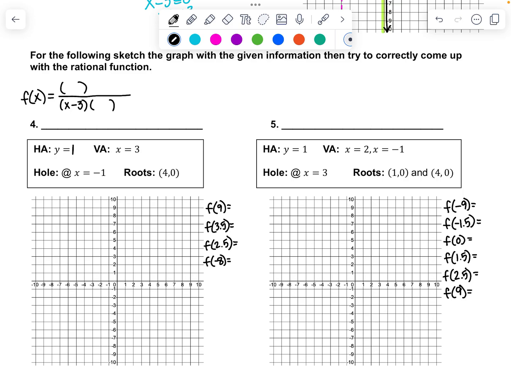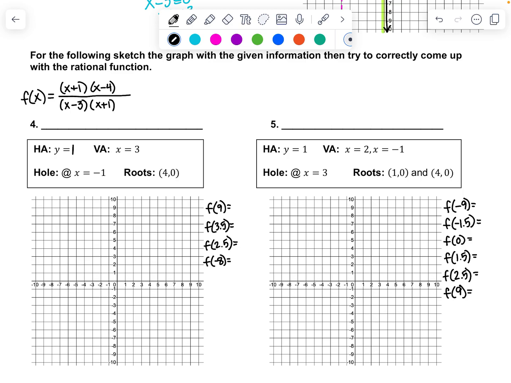So if I have a hole at -1, that means I had x plus 1. So we're working backwards here. The roots come from a factor that is only in the numerator, and it was (4, 0). So that means I had x minus 4, because we had to solve, I guess I should say.